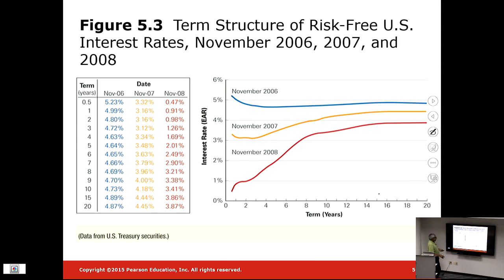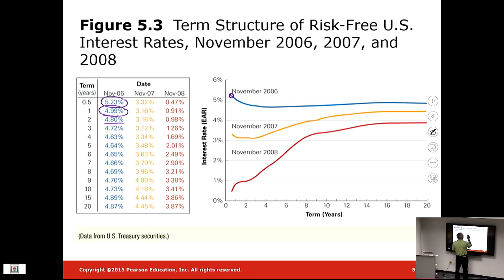So now when we look at interest rates over time, we are looking at interest rate in 2006, an interest rate over a year. If the term is for 1 year, it is 4.9%. If the term is for 2 years, it's 4.8%, and so on and so forth. So what do we see?